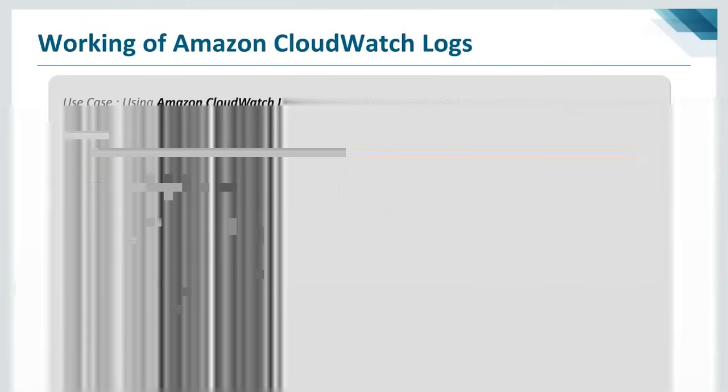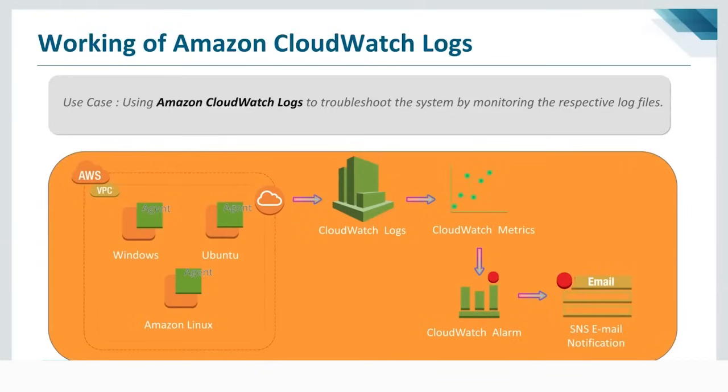Amazon CloudWatch logs then continuously monitors these metrics, as you can see here. You can then set an alarm which will send you a notification when some sort of error occurs in the system. So whenever you receive a notification saying that some sort of error is there in your system, you can access the original log data which is stored in CloudWatch logs to find the error. So this is how you can use Amazon CloudWatch logs to troubleshoot system errors. Basically, you are having a look at the original data so you can solve your problems faster and quicker.